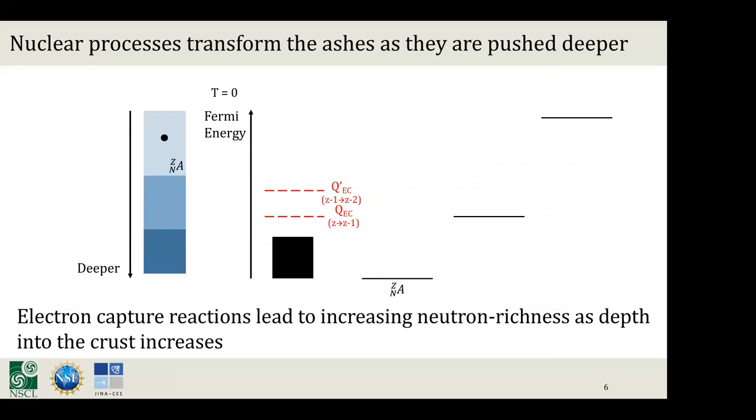So you can imagine that as you go deeper, you will end up transforming into increasingly neutron-rich species, as shown in this animation. So you go from a Z, N nucleus to Z minus 2, N plus 2, as shown here.